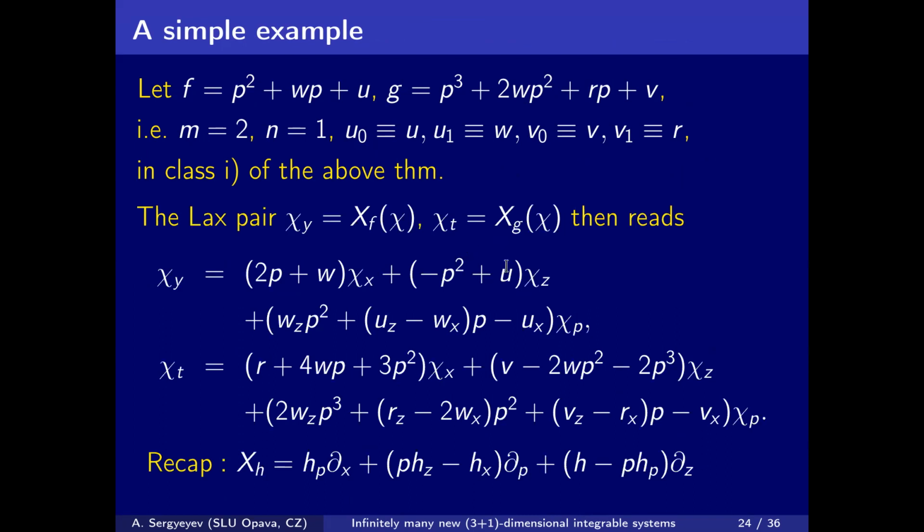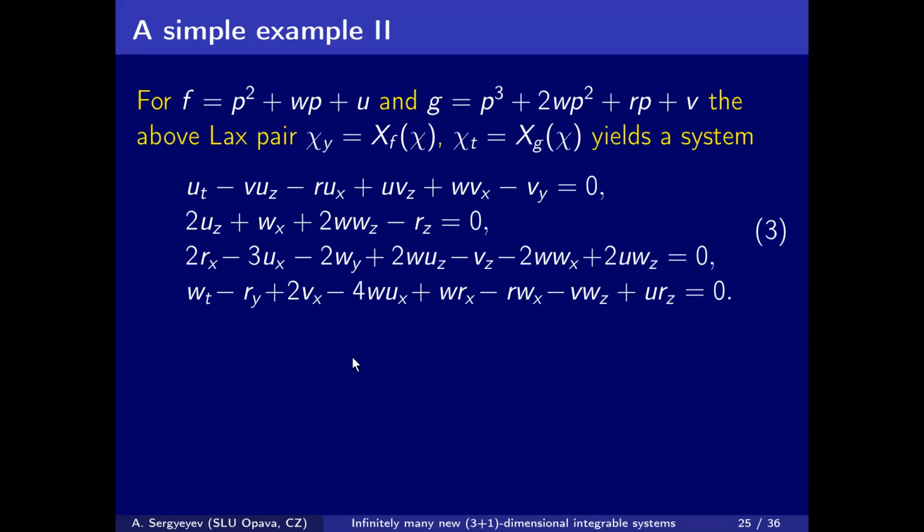If we spell out the explicit Lax pair for this choice of functions f and g, the Lax pair we are concerned with can be written like that. And if we write down the compatibility condition for this Lax pair, it gives rise to the nonlinear system 3.